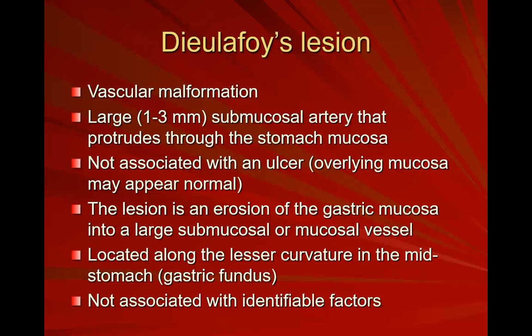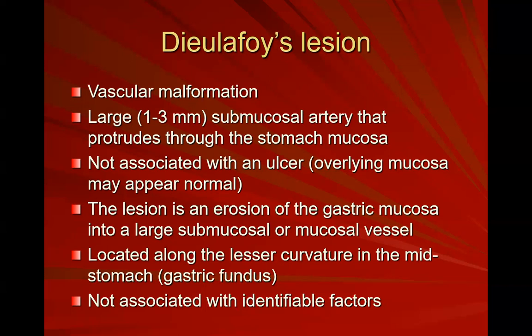Okay, the next thing is the Dieulafoy lesion. What do you mean by that? I bet you guys did not hear about it, right? Yes. This is a vascular malformation that is not associated with any risk factor.